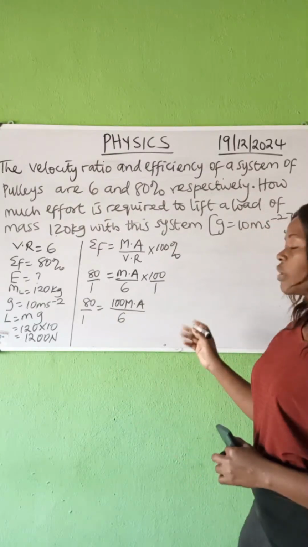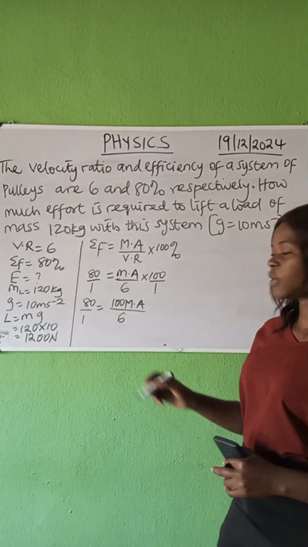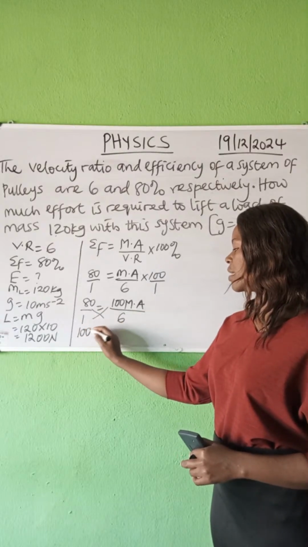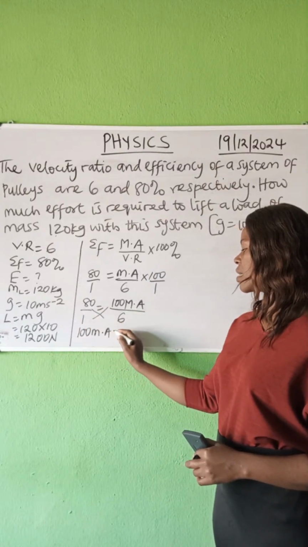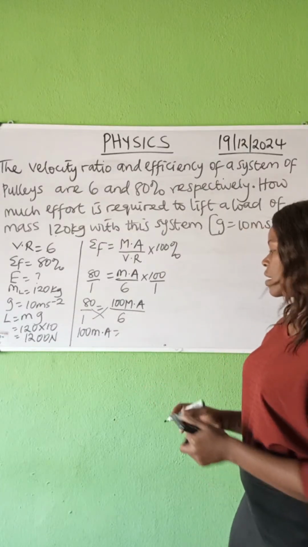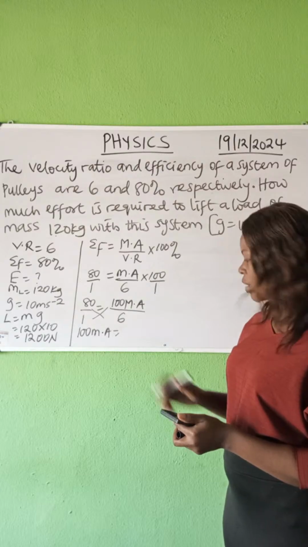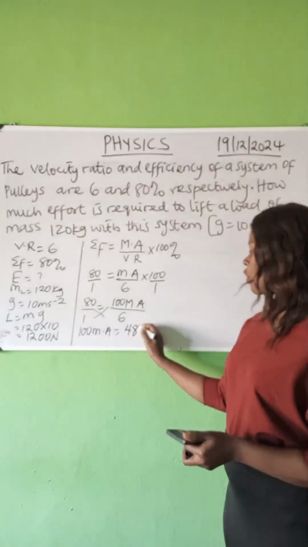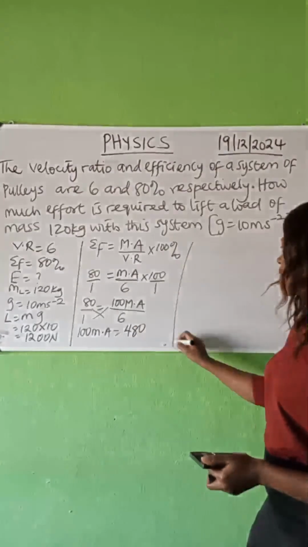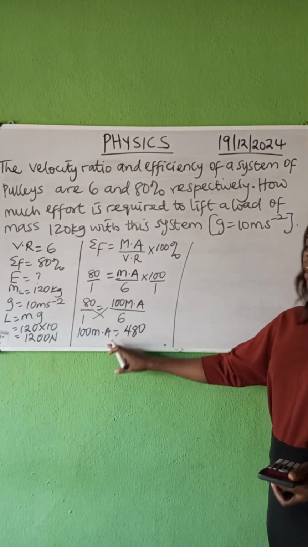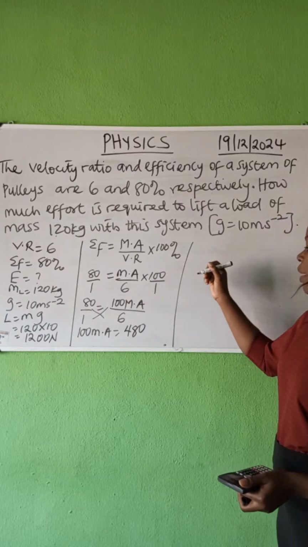Because I'm looking for the coefficient of MA, I'm going to say cross multiply. Then I do cross multiply. 100 MA is equals to what? If I say 80 multiplied by 6, what do I have? 480. Now, what I'm going to do is to find the coefficient of MA by dividing both sides by 100.